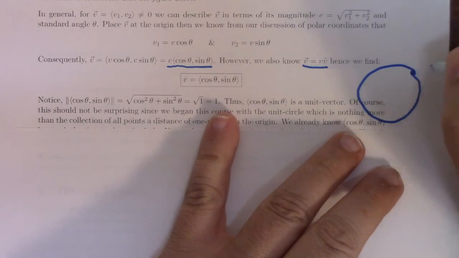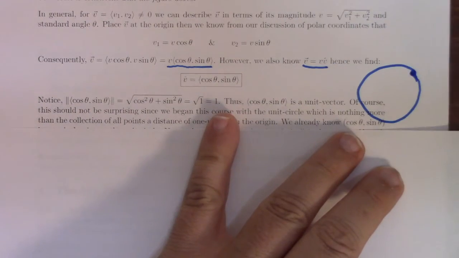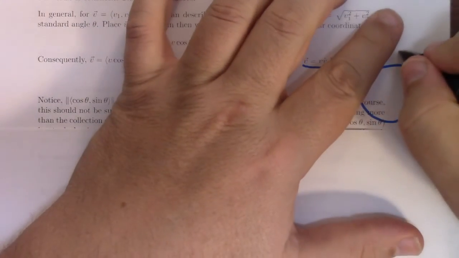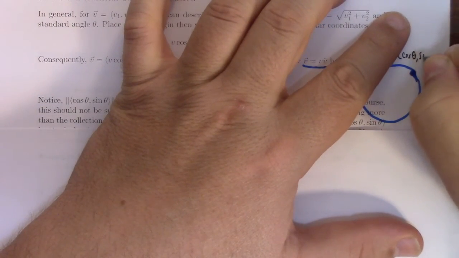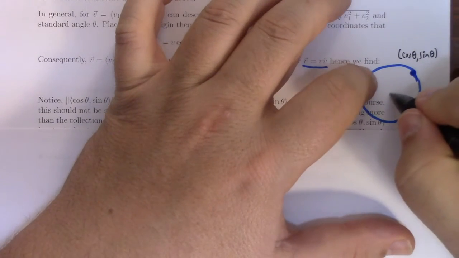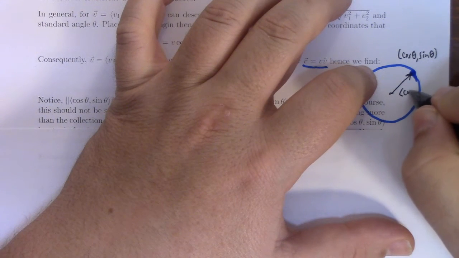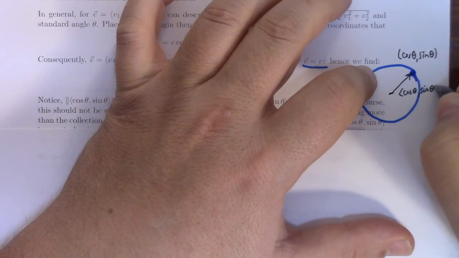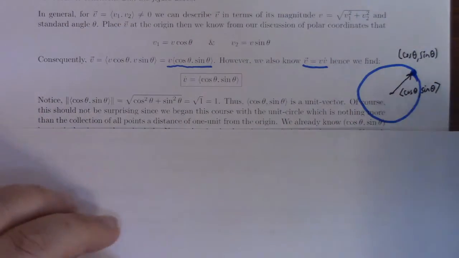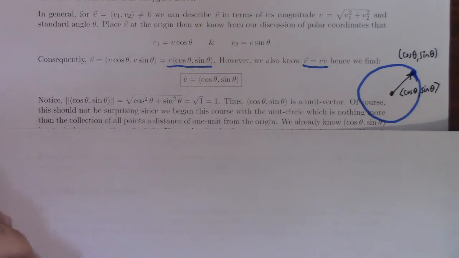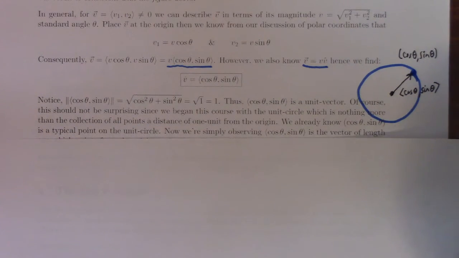This point on the unit circle, we can either describe it as the point on the unit circle, remember, it was cosine theta, sine theta, or we can describe it as a vector of length 1, which points from the center of the unit circle out to the point corresponding to that vector. So anyway, I'm not saying anything terribly profound here. I'm just saying it's not at all surprising that cosine theta comma sine theta is a unit vector, because it points to a point on the unit circle.